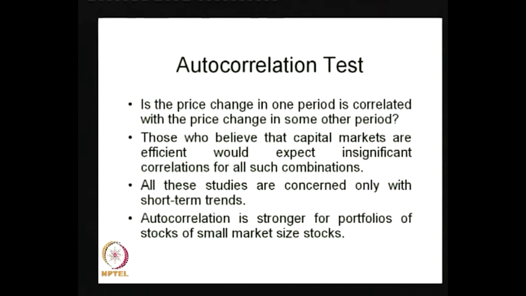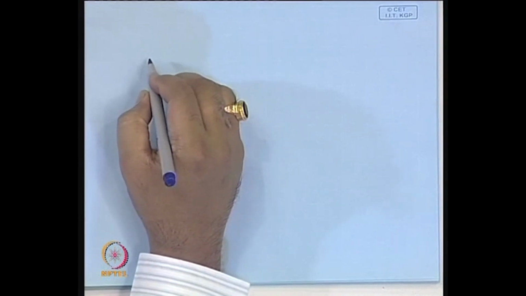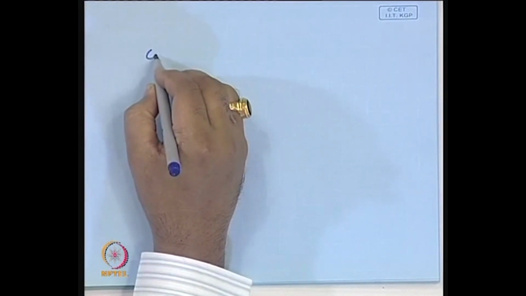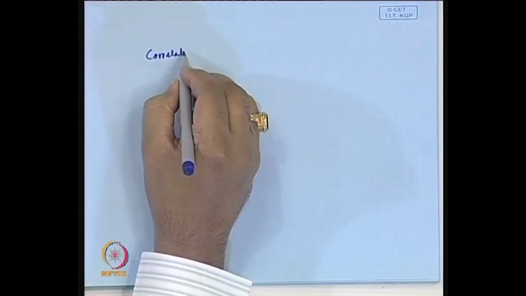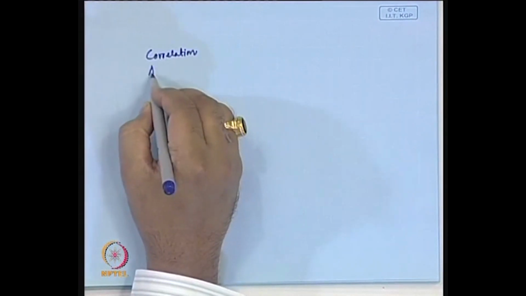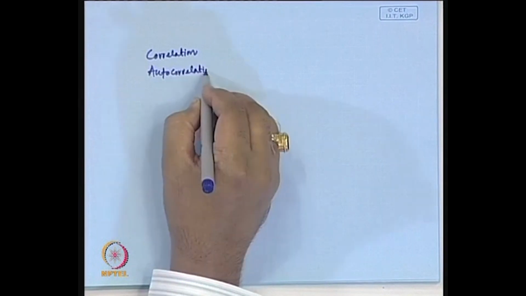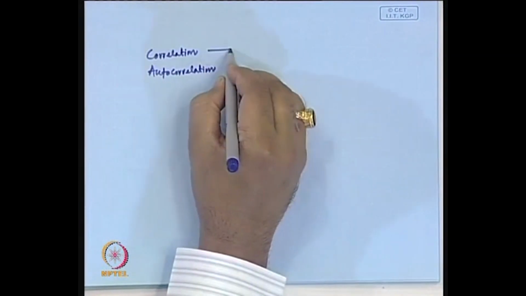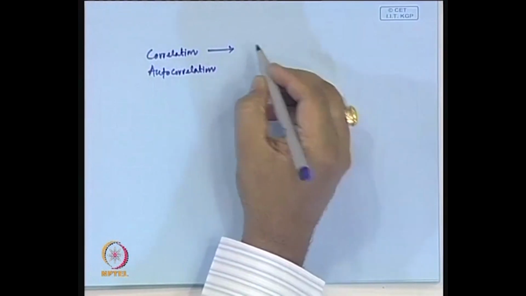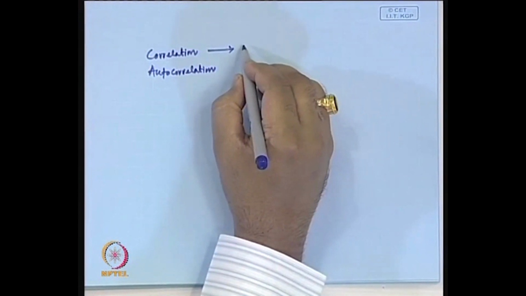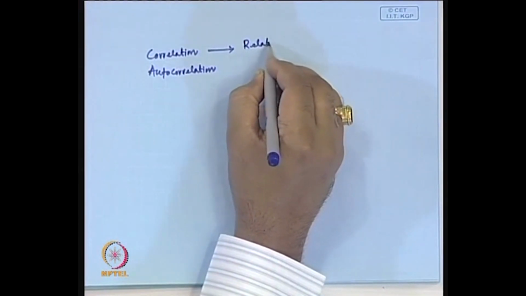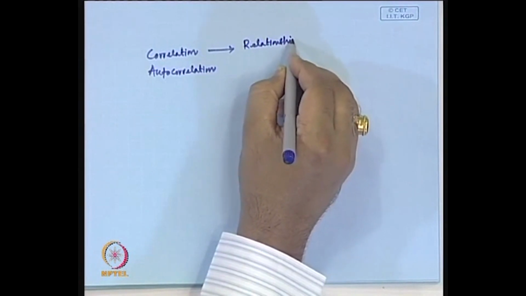In literature, we talk about either correlation or autocorrelation. Correlation talks about the relationship between two different variables.